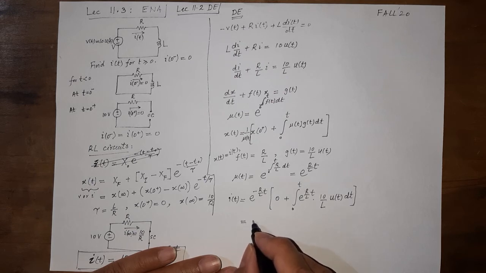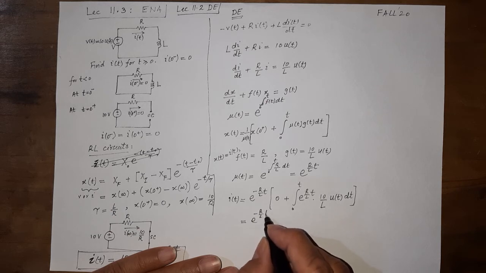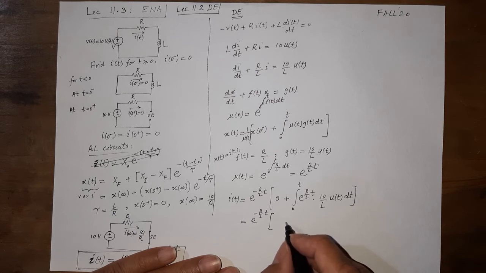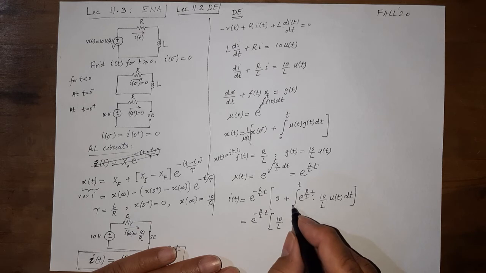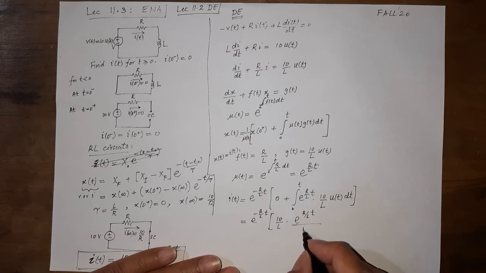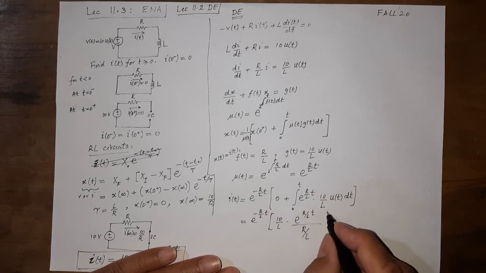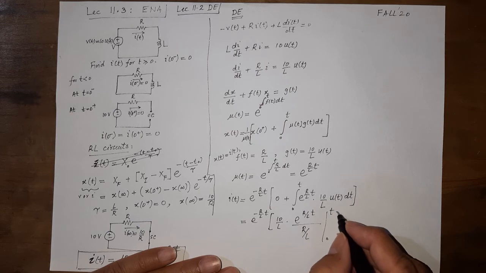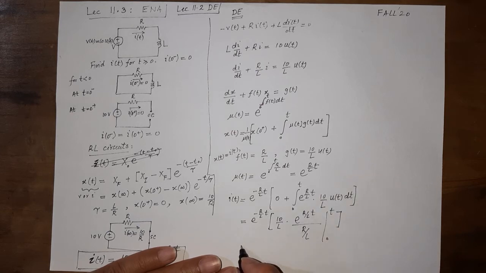So we get this equal to e raised to the power minus r over L t, and 10 by L will come out. We are going to get e raised to the power r over L t over r over L, limits from 0 to t. So this L is cancelled.